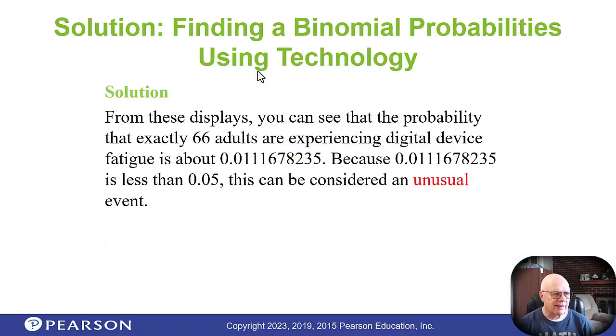So you can see that the probability of getting exactly 66 adults when you choose 100 to survey is this decimal, 0.01116782235.